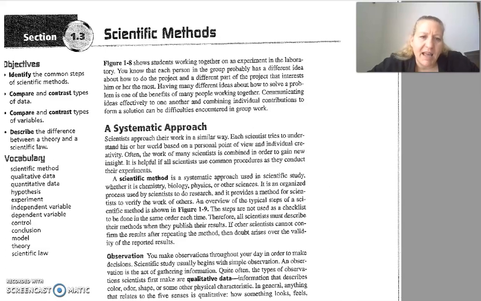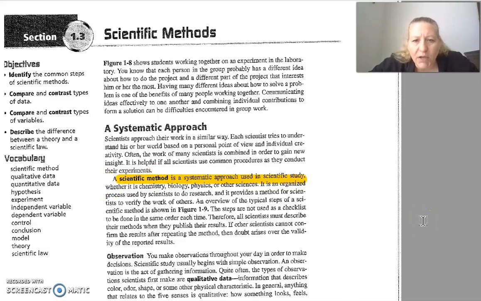A scientific method. Notice that this is one of your vocabulary words. A scientific method is a systematic approach used in the scientific study, whether it's chemistry, biology, physics, or other sciences.